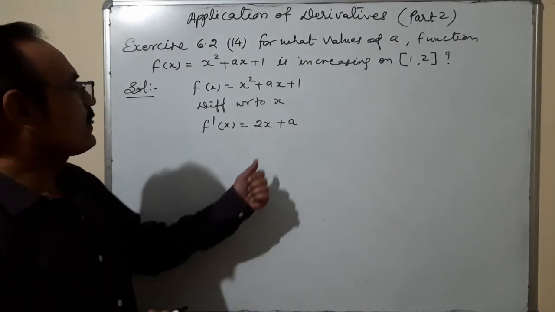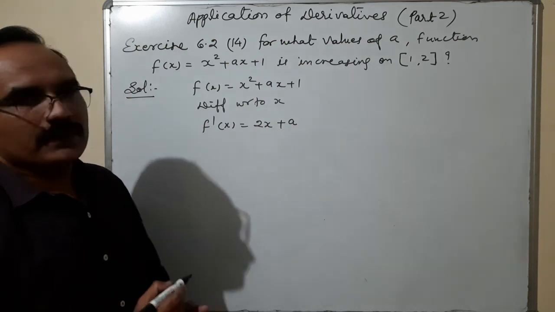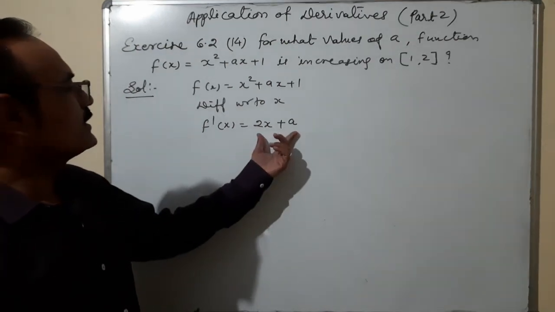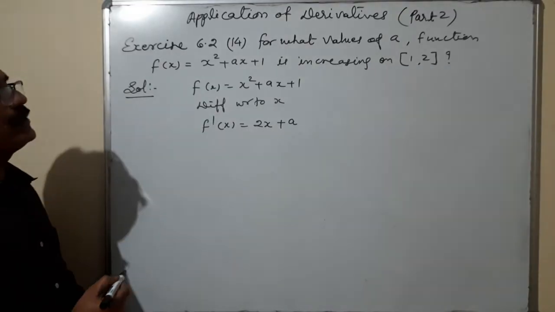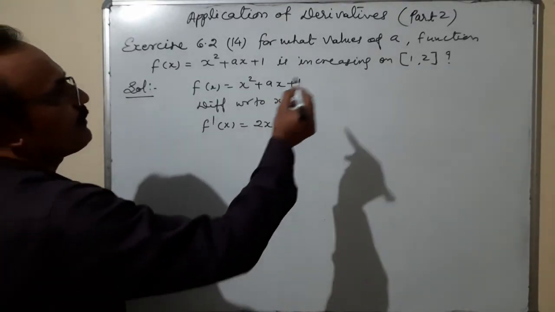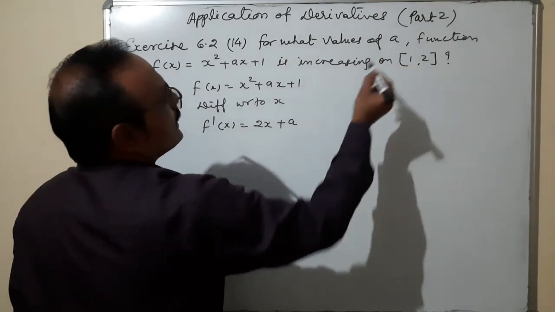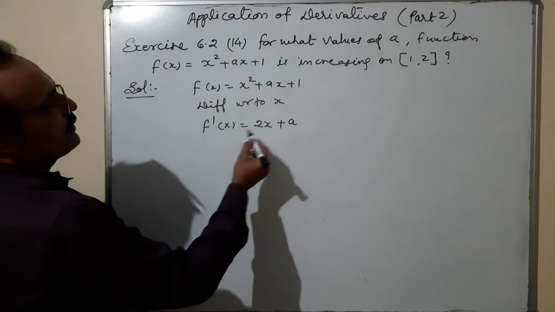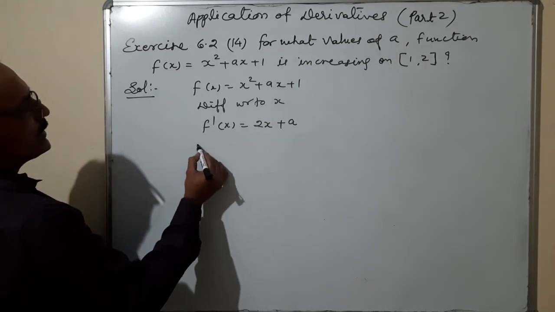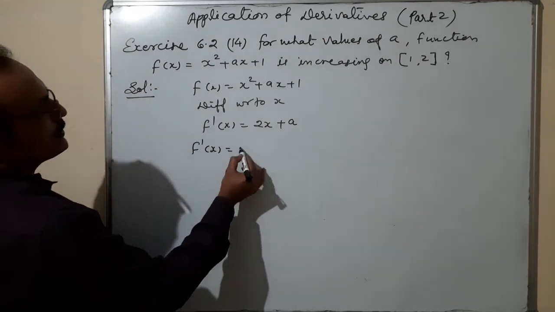After that, 2x plus a is coming, and we are actually finding the value of a. And for finding the value of a, what should be done? Because this x lies between 1 to 2. First of all, I want to write here f dash x is equal to 0.